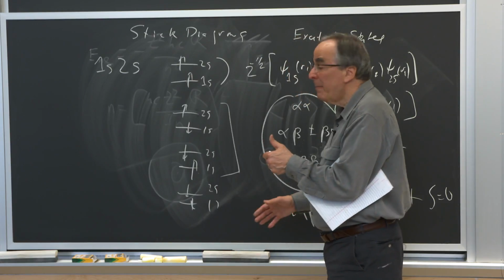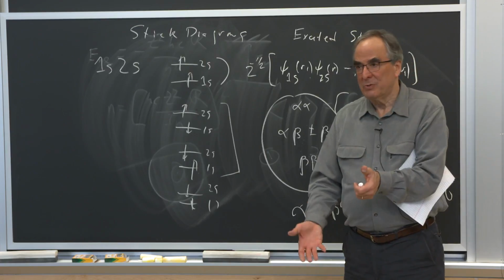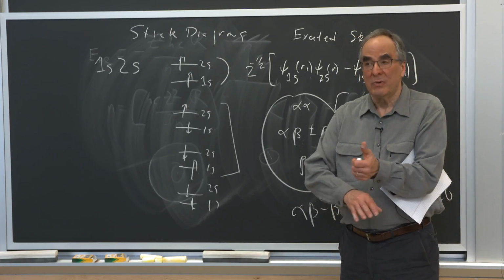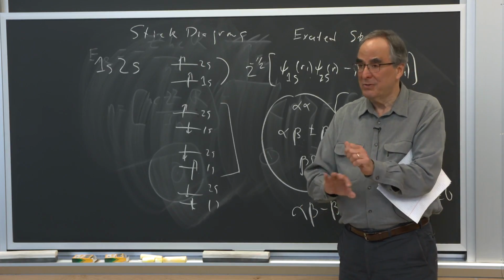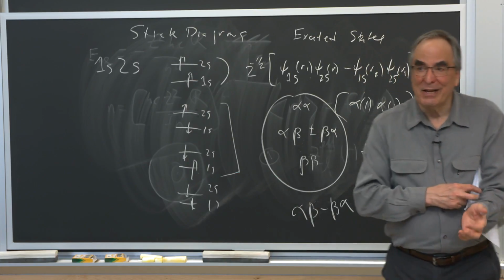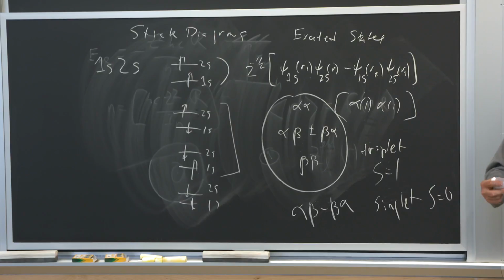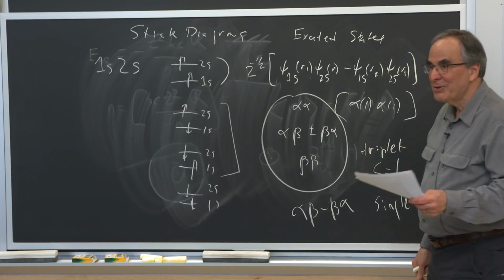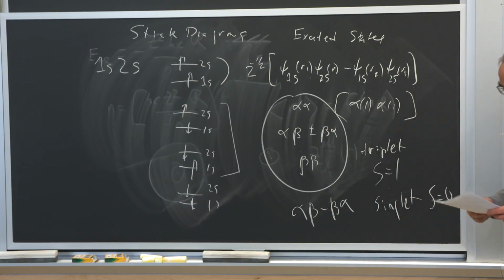But alpha beta minus beta alpha is spin 0. You can do that using creation and annihilation operators. So you have to take it on faith until you prove what I've just said, and it takes about 2 minutes.